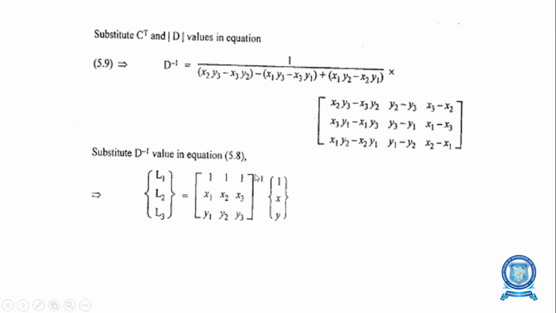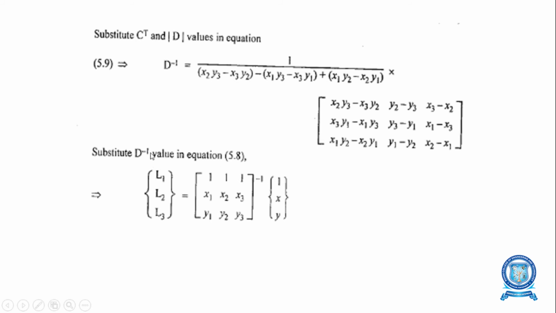So D inverse is equal to 1 divided by [(x2 y3 minus x3 y2) minus (x1 y3 minus x3 y1) plus (x1 y2 minus x2 y1)] into the matrix of x2 y3 minus x3 y2, y2 minus y3, x3 minus x2, x3 y1 minus x1 y3, y3 minus y1, x1 minus x3, x1 y2 minus x2 y1, y1 minus y2, x2 minus x1.